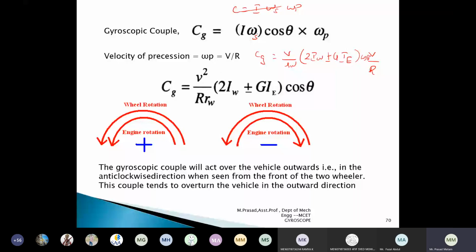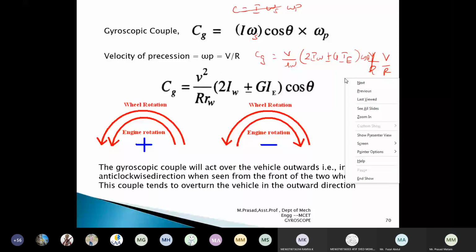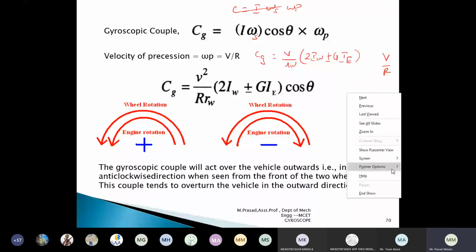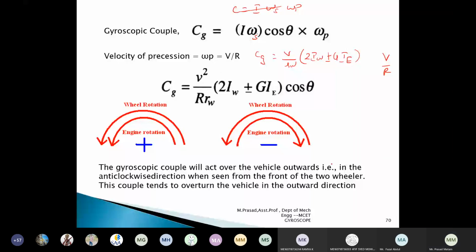This is cos theta into V by R. Okay, 1 second, I will erase and write. Cos theta into V by R. Now you can see V square by capital R into small rW into (2IW plus or minus GIE) into cos theta. I am just multiplying everything.